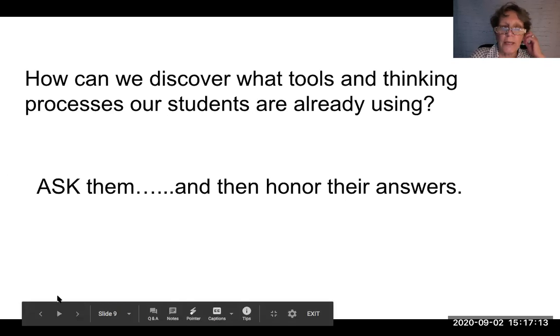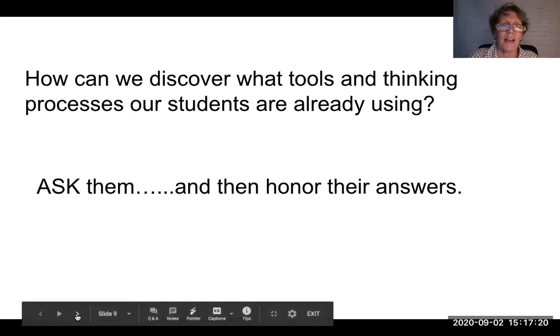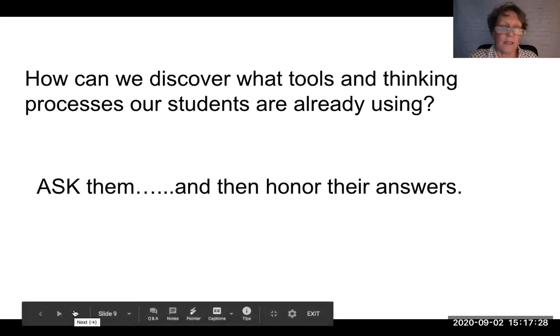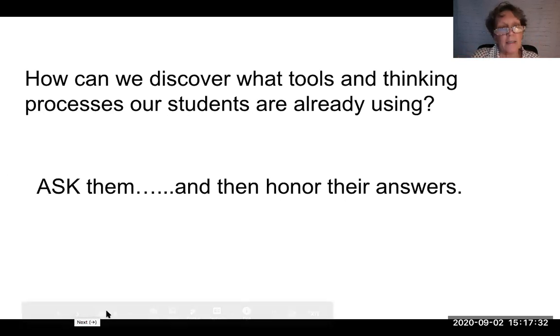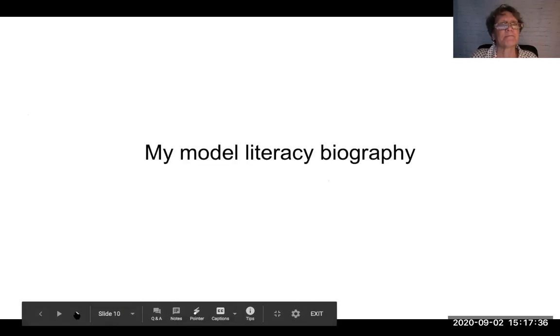So the quickest way is to ask them and then honor their answers through celebration and congratulation, and then show them how one type of literacy transfers to the other. Like my student example of my at-risk students who are excellent at reading character. They can do it in text.